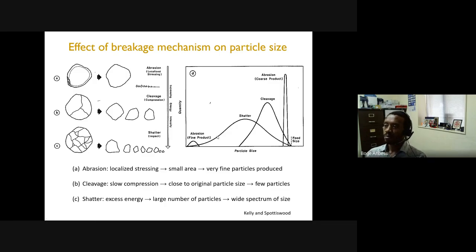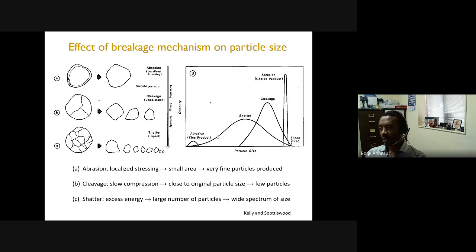Okay, so now that we have an idea of how rocks break, if you apply abrasion as the main mechanism of breakage, what you will get is a lot of very small rocks as a product.